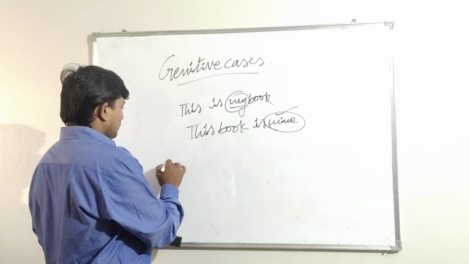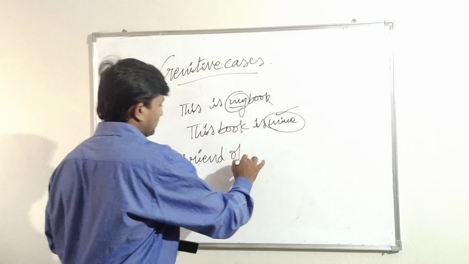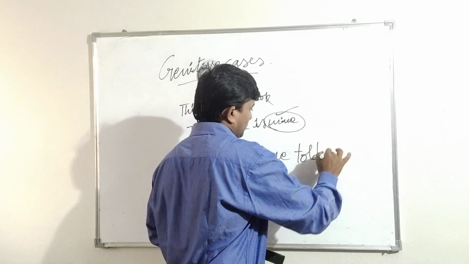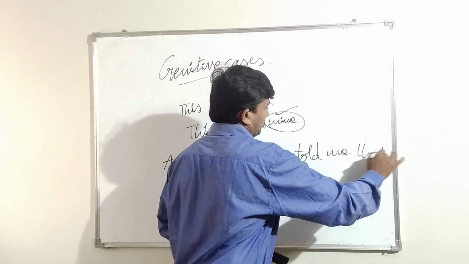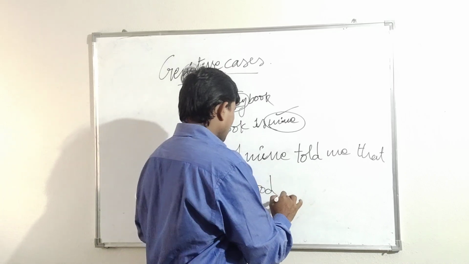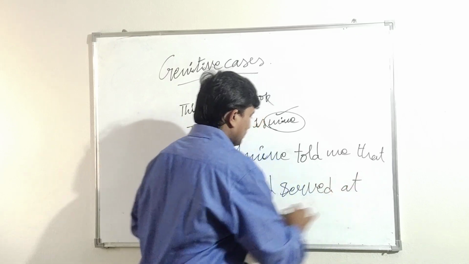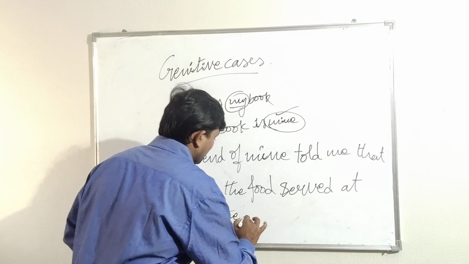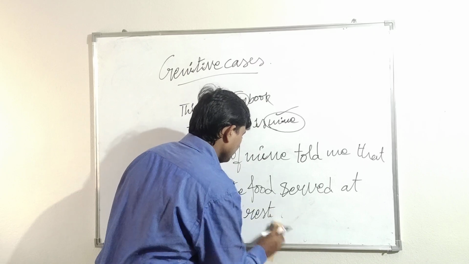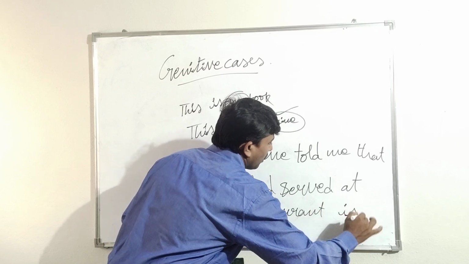And with the same example, mine, I am going to give a different example. See, a friend of mine told me that the food served at the restaurant is awful.